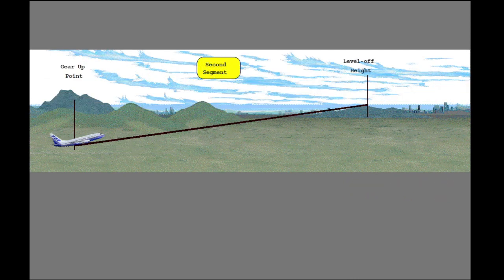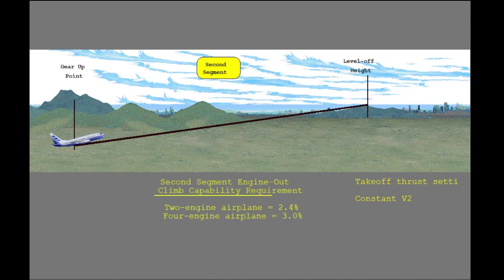The second segment begins at the gear-up point and continues to the level-off height. During the engine-out second segment, the thrust is maintained at the takeoff thrust level and the speed is held constant at V2. The engine-out climb capability at the start of the second segment must be at least 2.4% for a two-engine airplane and 3% for a four-engine airplane.